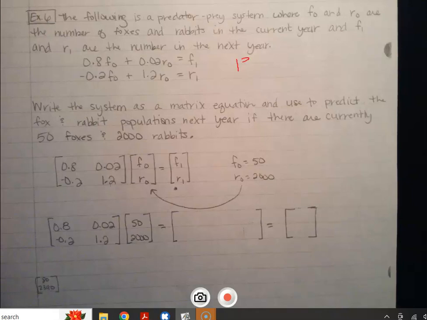So 13, 15, and then 19 through 29, odd. And then 35, A and B.